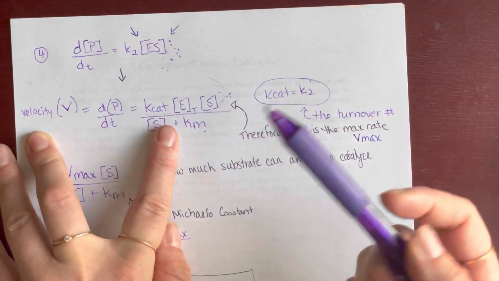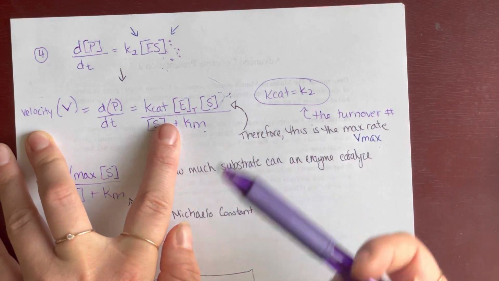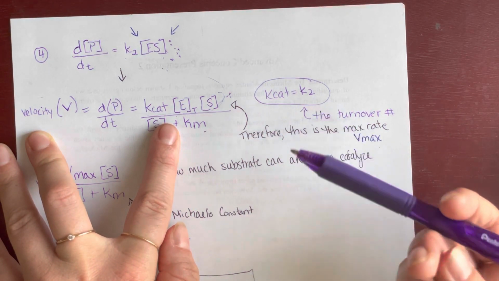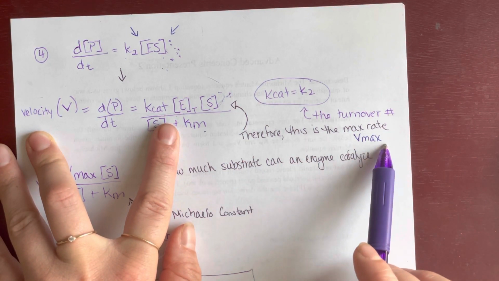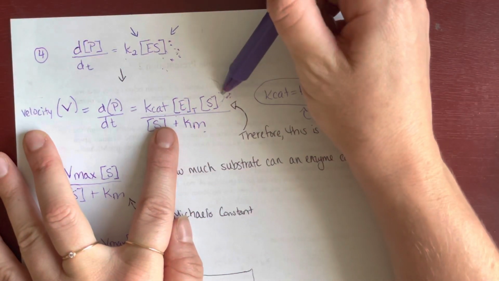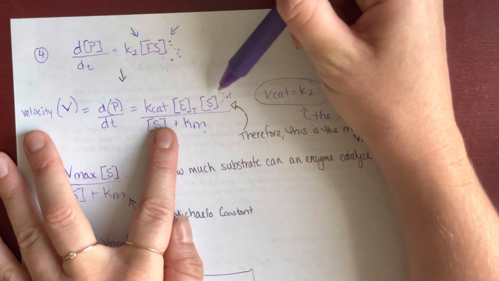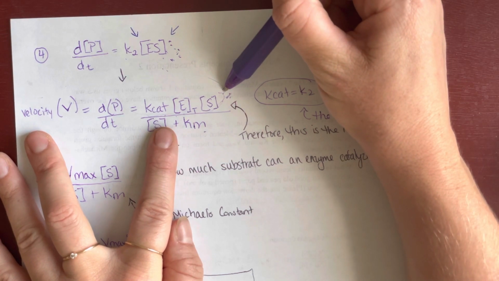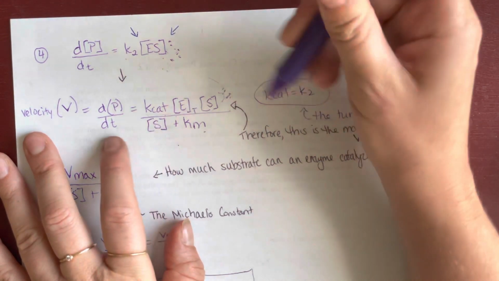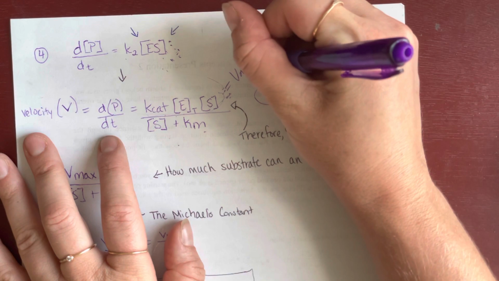Given that, that's essentially the max rate, or Vmax. So this numerator is actually the maximum rate, which is what we've been calling Vmax. This is Vmax right here.